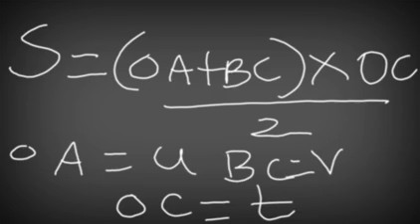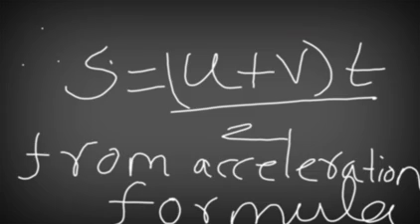So here we are substituting that in this equation. What will we get? S is equal to (U plus V) into T by 2. Now once again from this equation we can find out T. We can calculate T from the formula of acceleration.